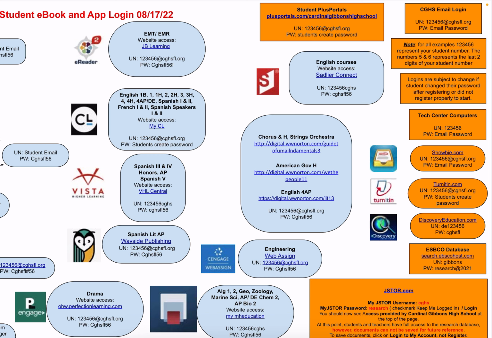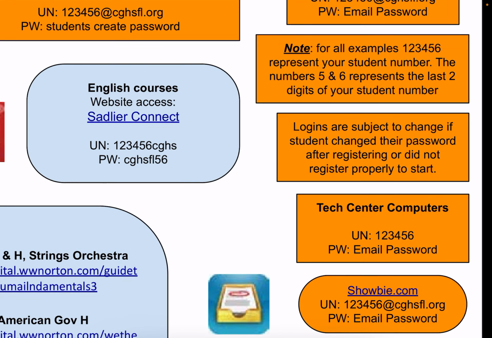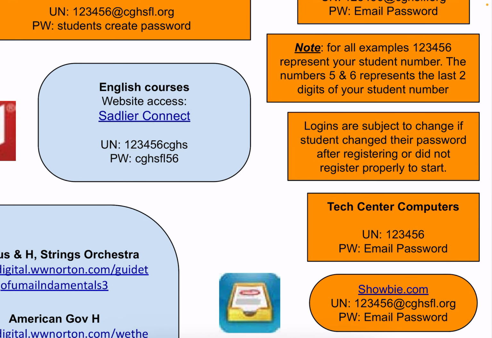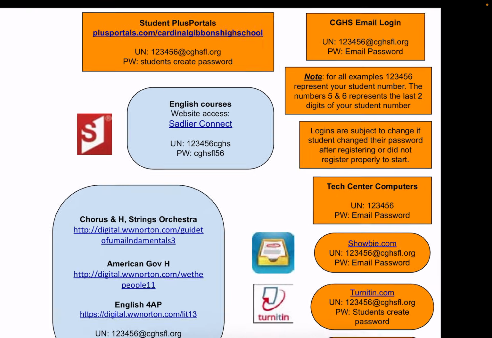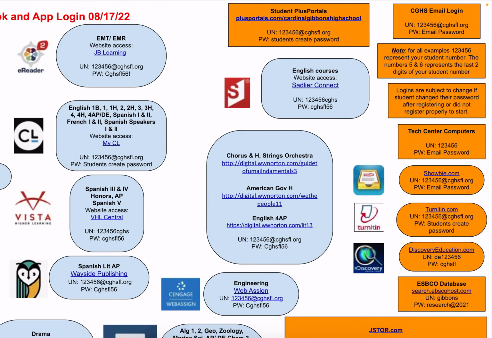That, like I said, is just a sample, and we do have that written over here as well. Please make sure if you do change any passwords that you are taking note of that, because some of these we will not be able to assist. We will have to reach out to the publisher in order to correct those.